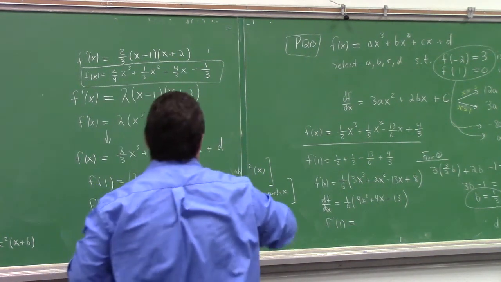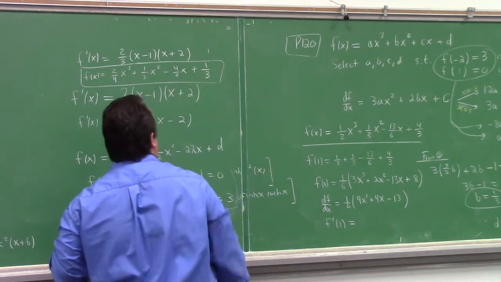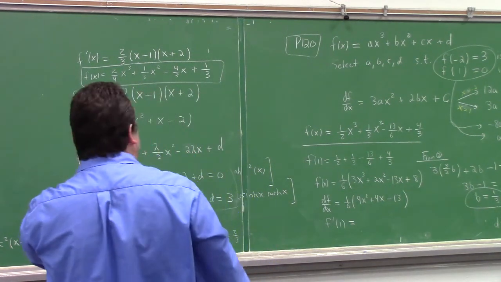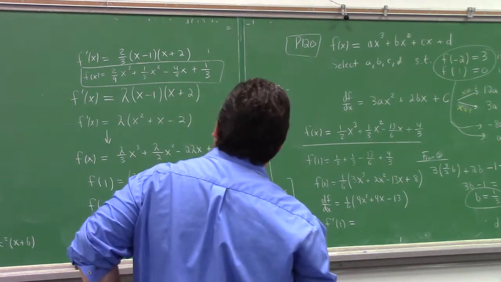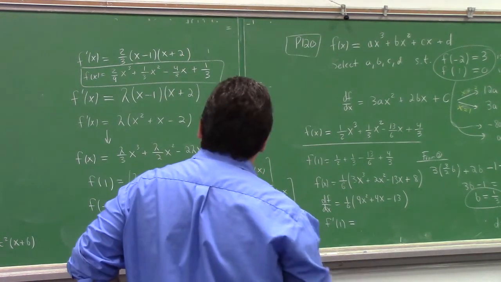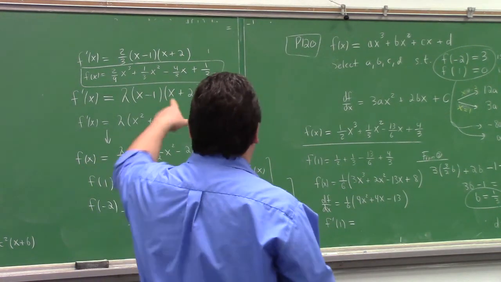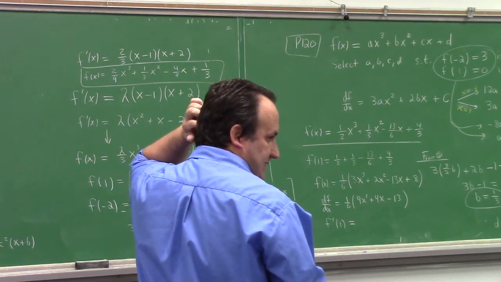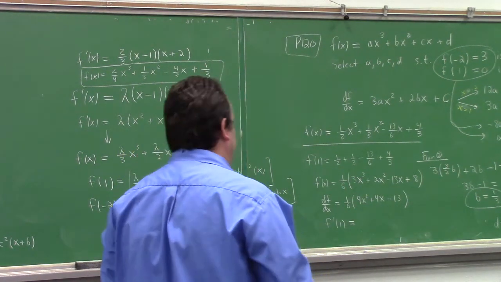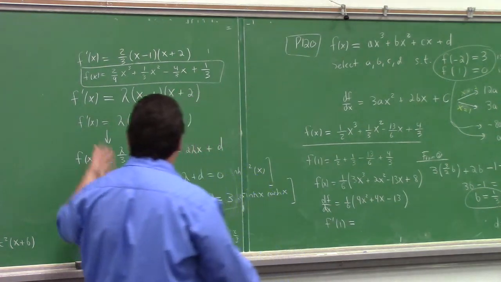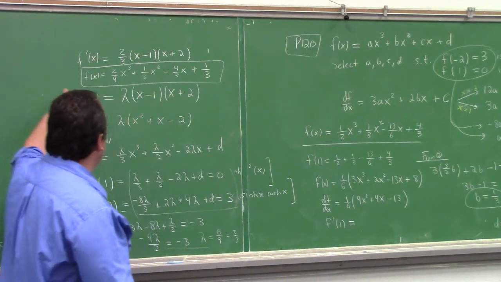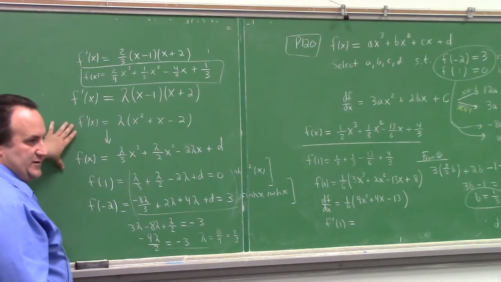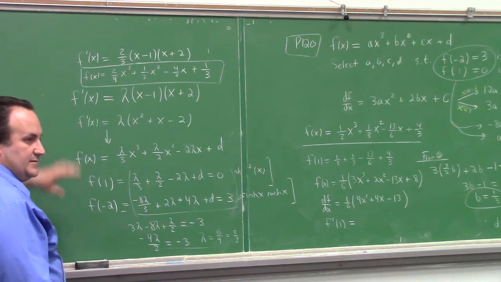Anyway, like I said, there's a mistake in the original algebra. Here's a really different way to think about it. This thing I did right here is called anti-differentiation. That's what we do after the next test. So, but anyway.